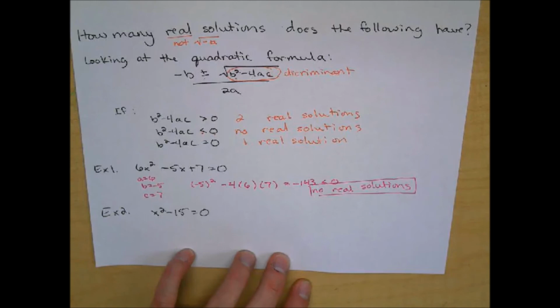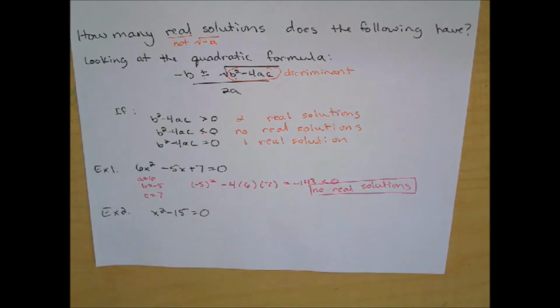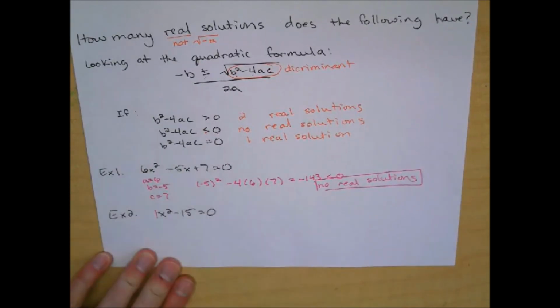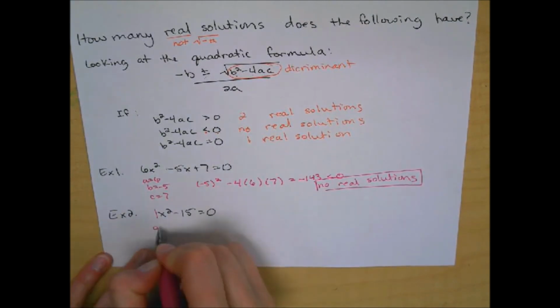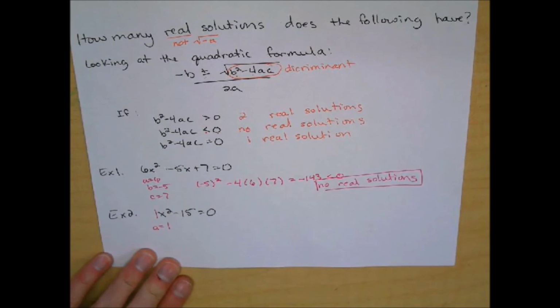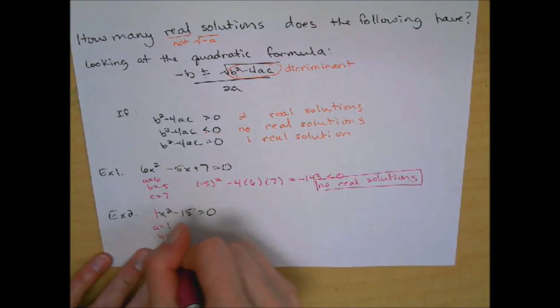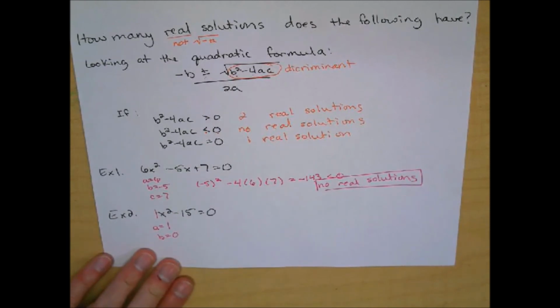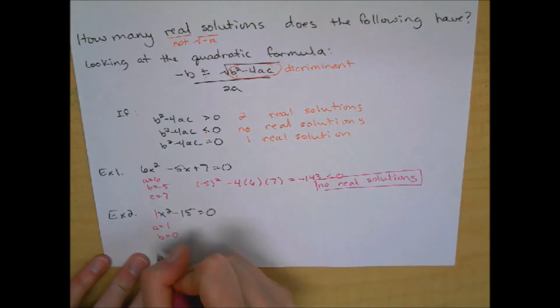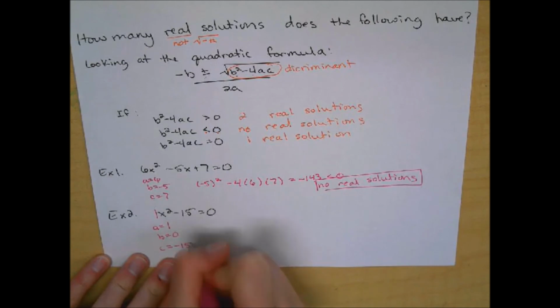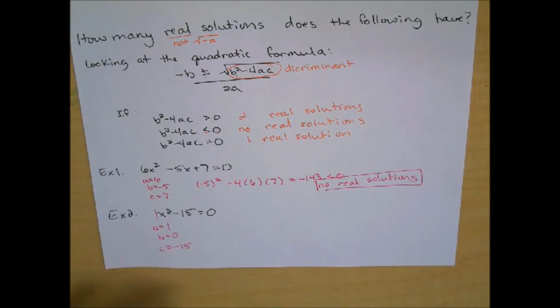For example 2, go ahead and find your ABC. A is in front of our x squared term. A is 1. There is no bx term. Since there's no bx term, b is 0 because it doesn't exist. And c is negative 15.